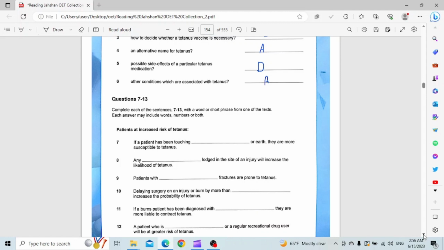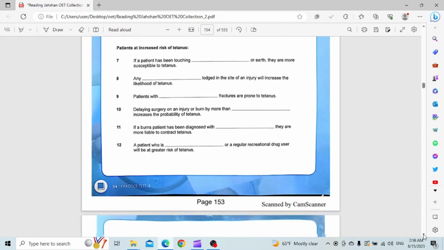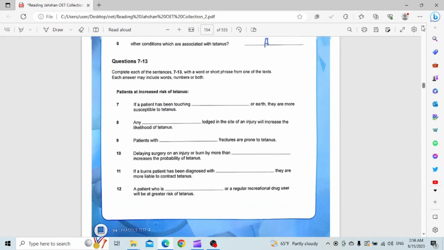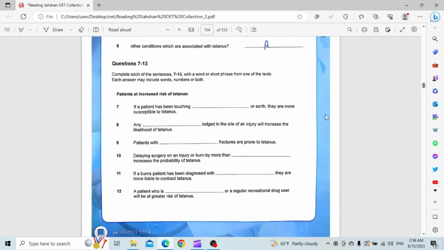There will be no difference whether it is a gap-filling or a diagram question, because you have to use this method. This method has two steps. The first is that you have to read the question and decide where the answer is. It's very important.